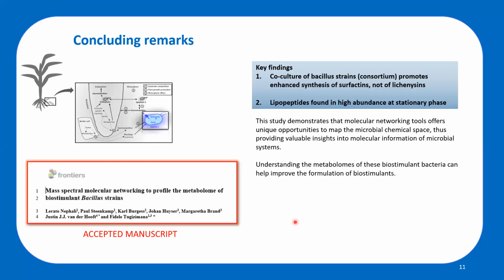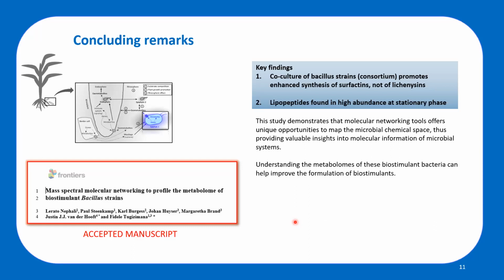So in summary, the key findings from this study are that the co-culture of the Bacillus strains, the ones that we showed, promote the enhanced synthesis of the surfactant and not of lichenysin, and the lipopeptides are found in high abundance in the stationary phase.